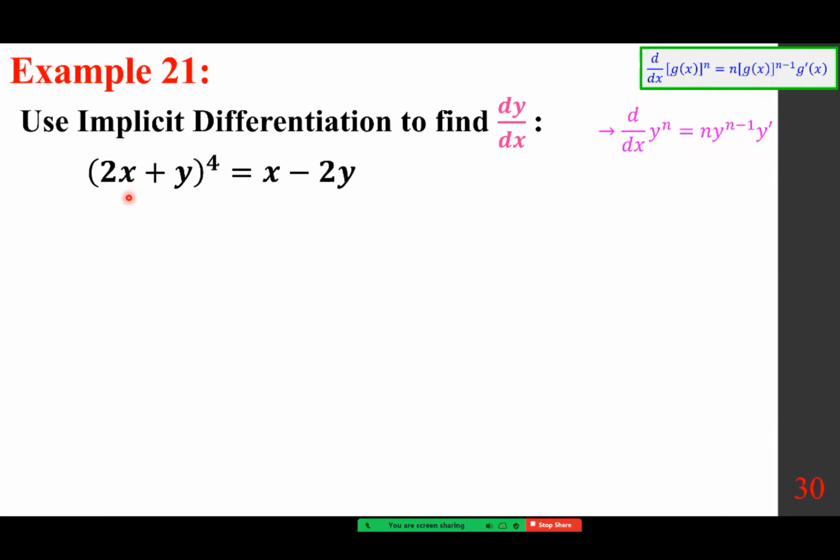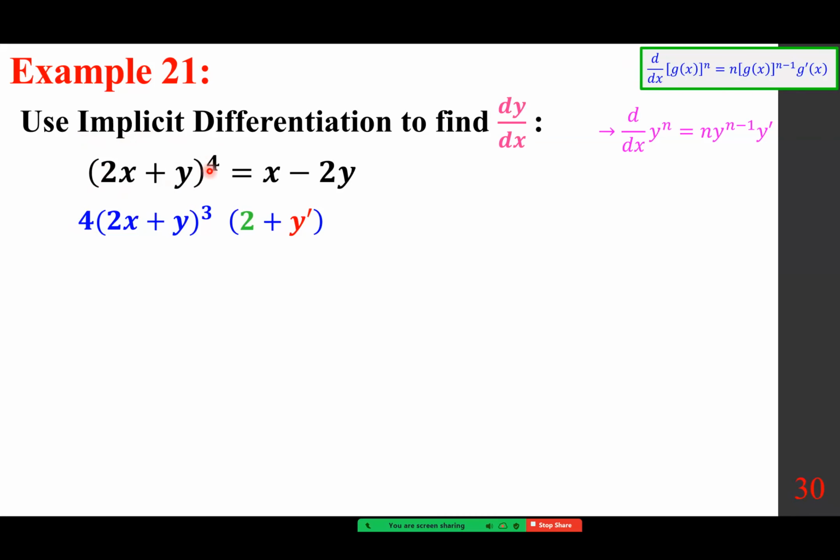So let's differentiate this. An expression in the parentheses to the power of 4. So we have a 4, the same thing to the power of 3. And by the chain rule, the derivative of the inside times 2 plus y prime or dy dx. That's the left side. Let me remind you of this extended power rule one more time. 4 sits in front, becomes a coefficient.